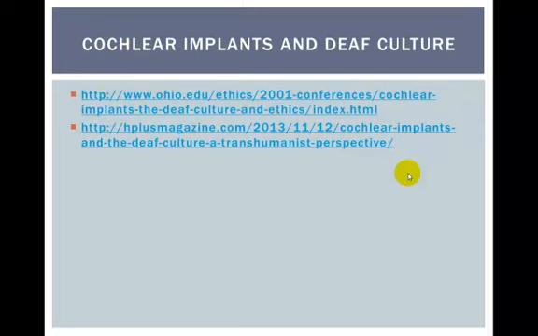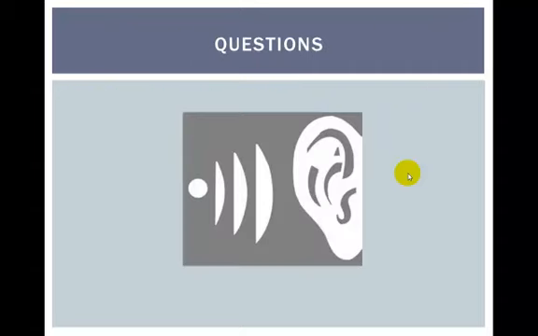I feel that as an audiologist, this is important information to give hearing parents of deaf children prior to making the decision to implant. So, good resources to look at.